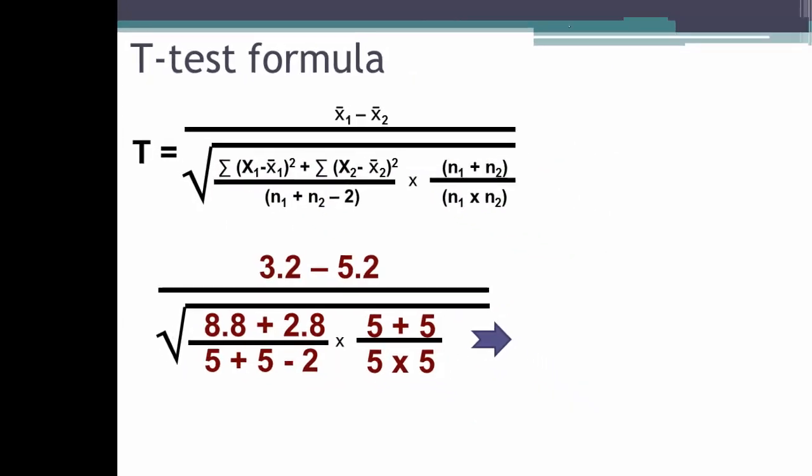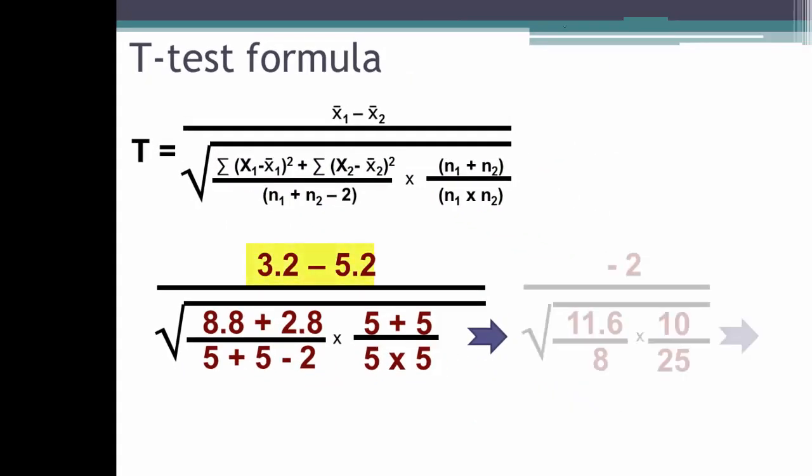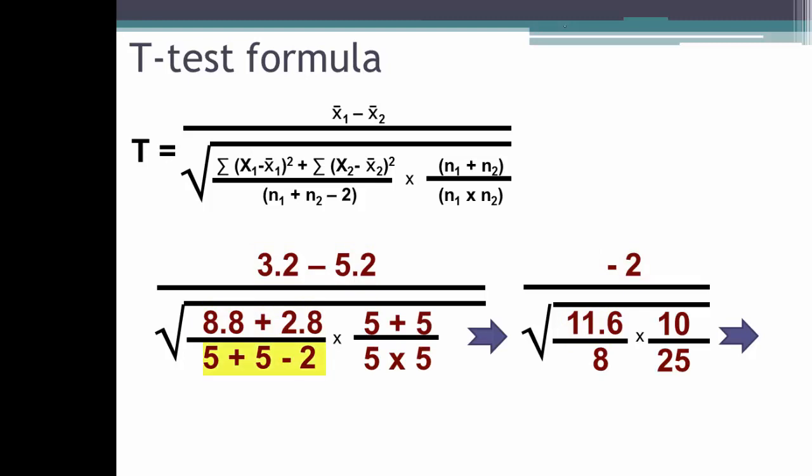Now it's just a matter of doing the math. 3.2 minus 5.2 is negative 2, and 8.8 plus 2.8 equals 11.6. And then 5 plus 5 minus 2 is 8. Continuing, you have 5 plus 5 equals 10, and 5 times 5 equals 25.